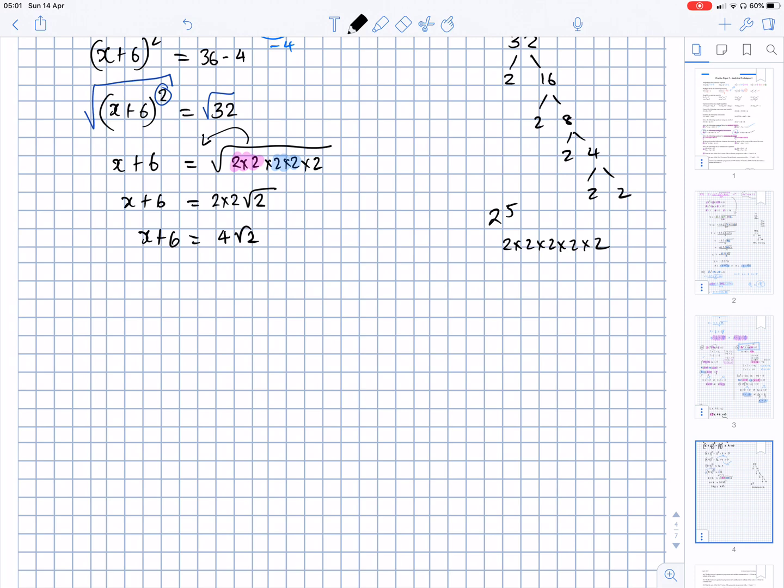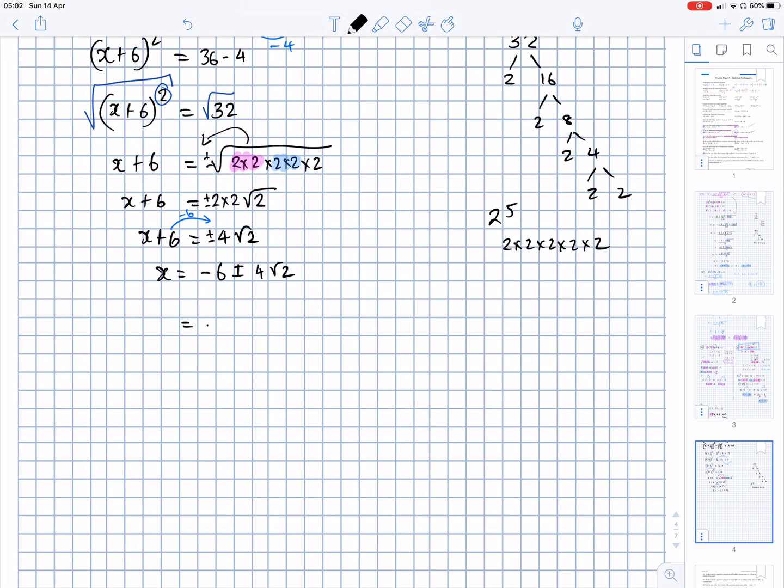So because it's a square root, this becomes plus or minus right there. So this is x plus 6 equals, or rather, we can move to the next stage, which is x equals minus 6, because the 6 is moving sides. It becomes minus 6, so minus 6 plus or minus 4 root 2.